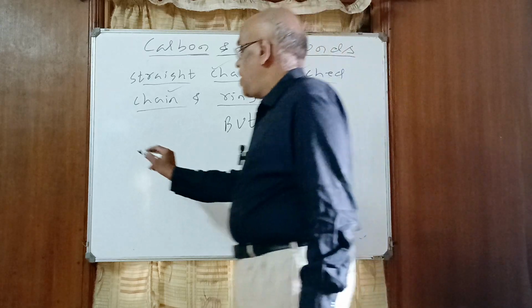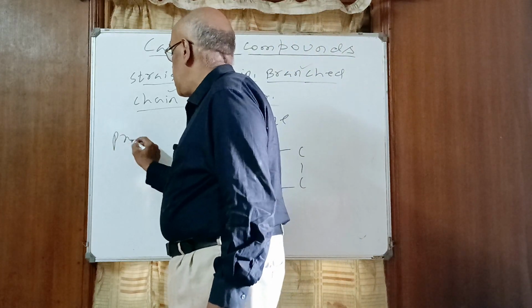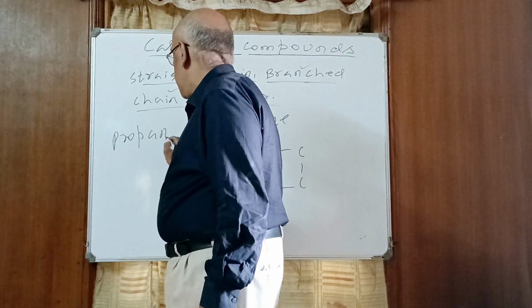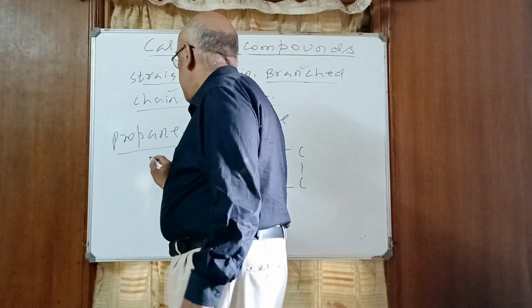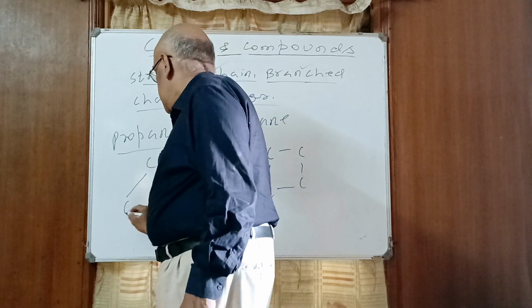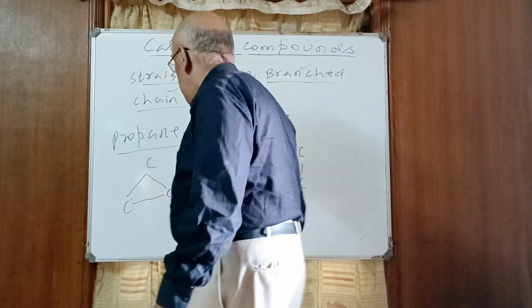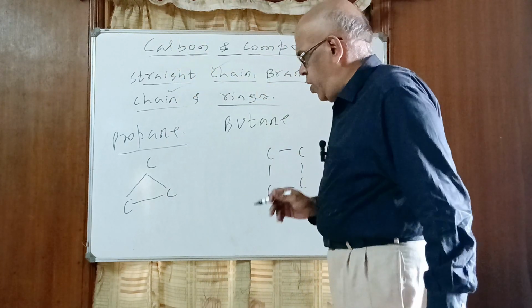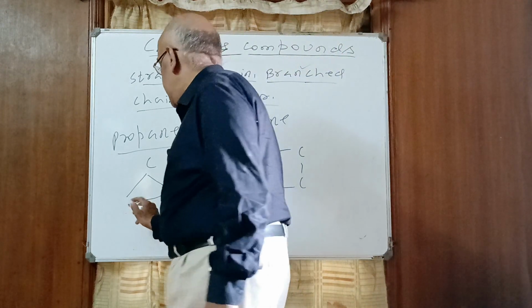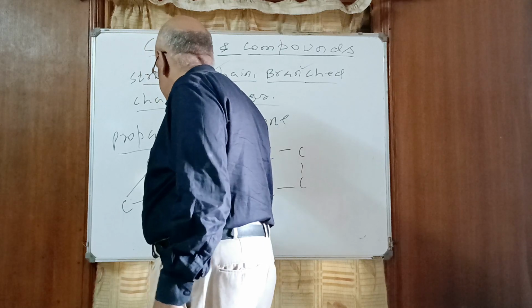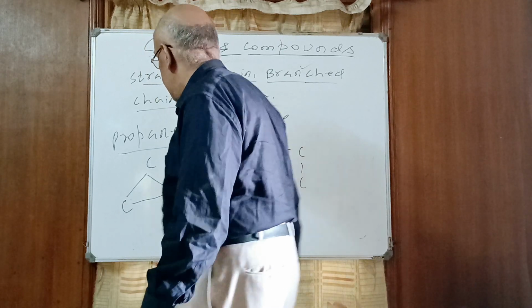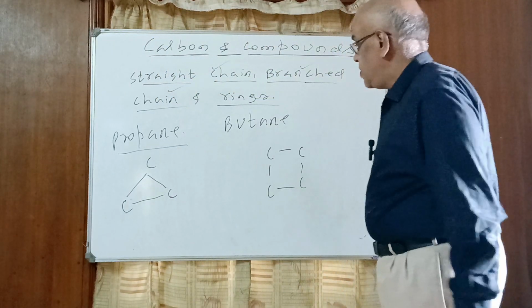Take for example, propane. Propane has got what? Triangular shape. This is a triangle, no? A, B, C. It has 3 vertices. All 3 vertices are carbon atoms only.